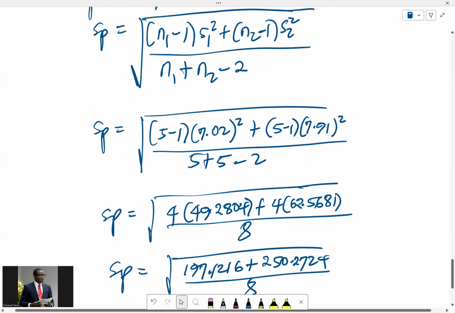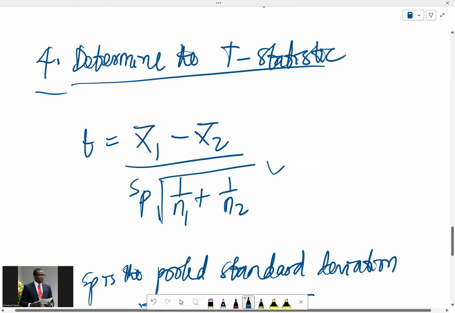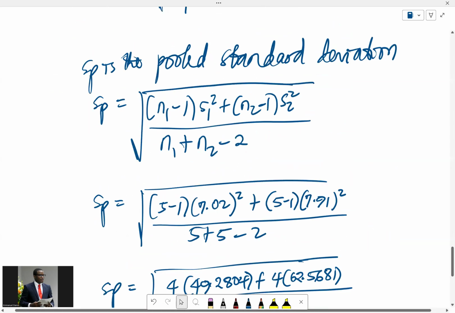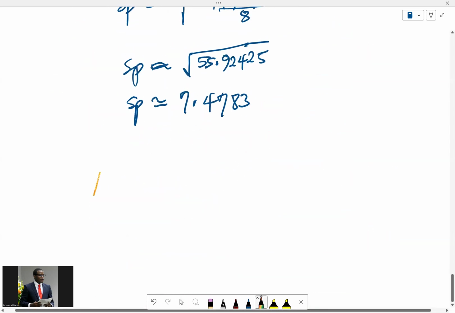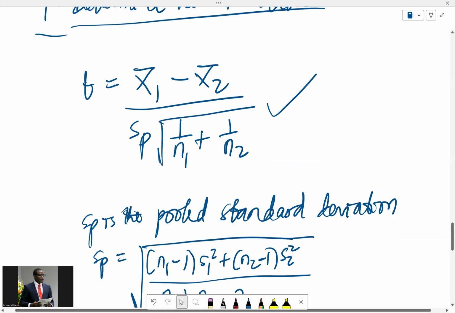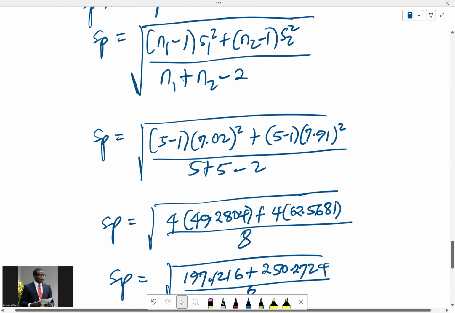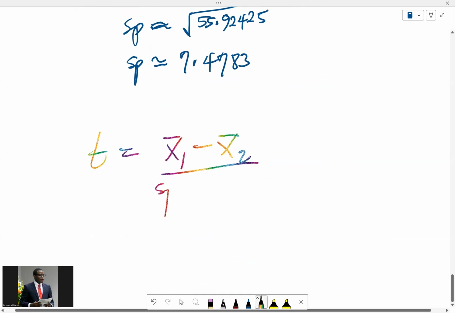Okay, so now that we have SP, then we can go back to our T. I think the hardest part is that SP. So again, T is x1 bar minus x2 bar divided by SP times the square root of 1 over n1 plus 1 over n2.